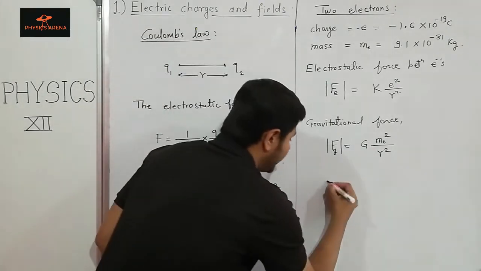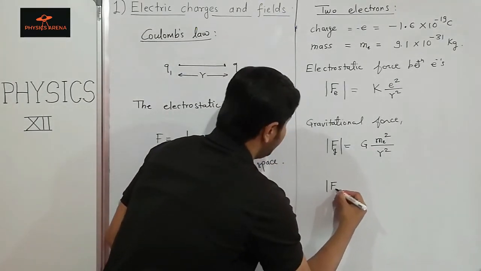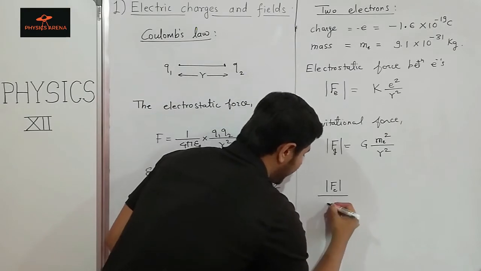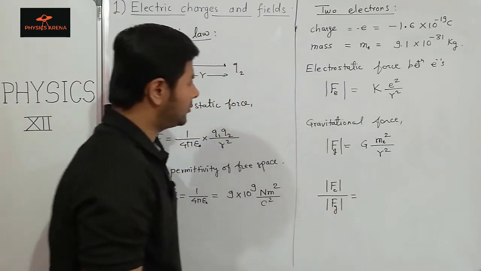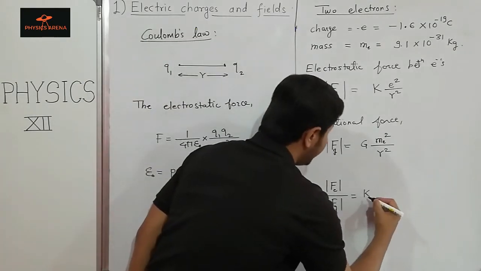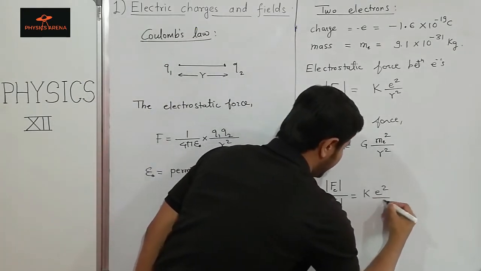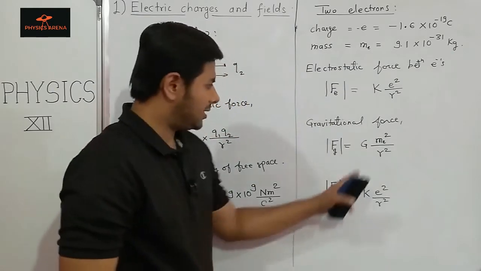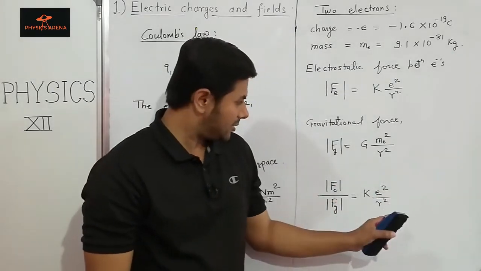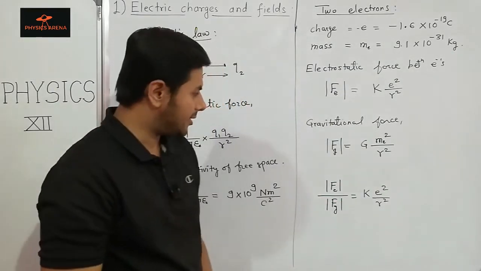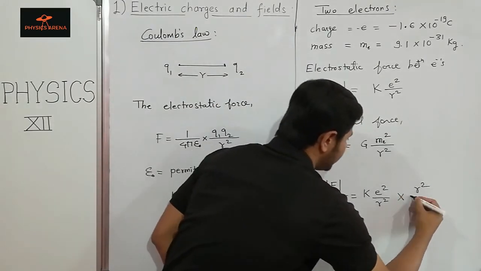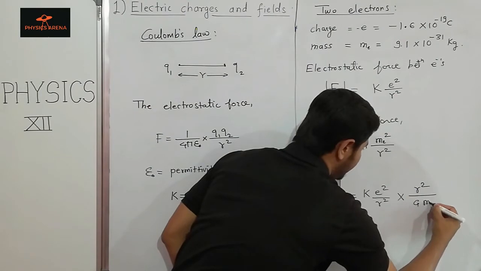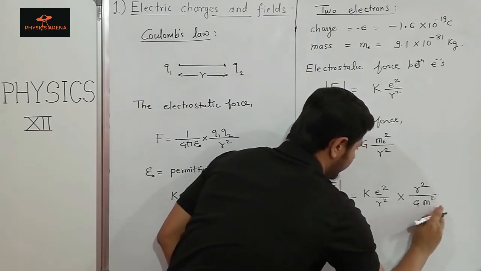So the magnitude of the electrostatic force divided by magnitude of gravitational force is equal to K into e squared upon R squared, and dividing by this term is the same as multiplying by its reciprocal. So let's multiply by its reciprocal. So it is R squared upon G me squared.